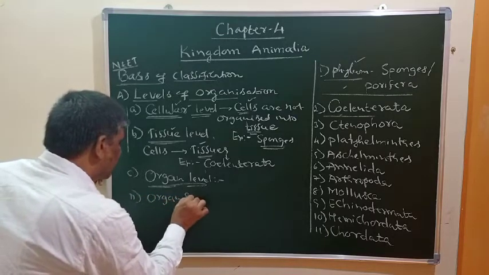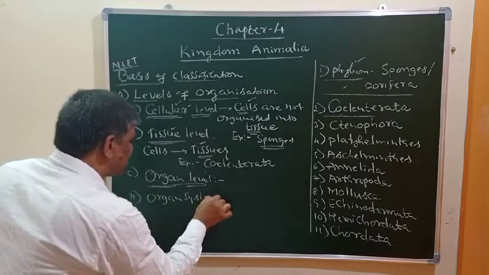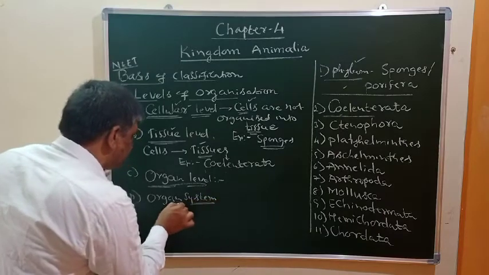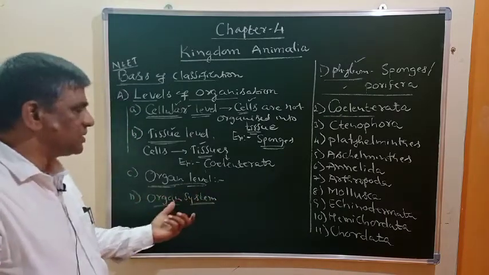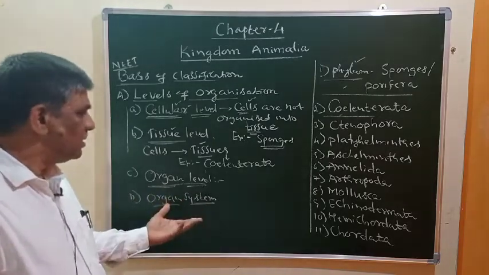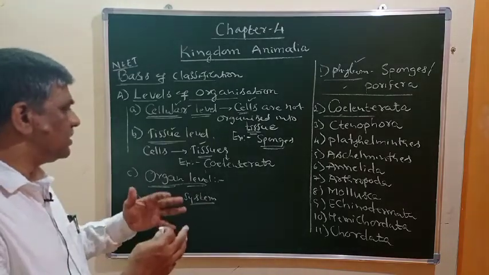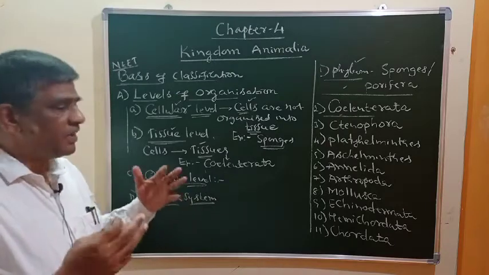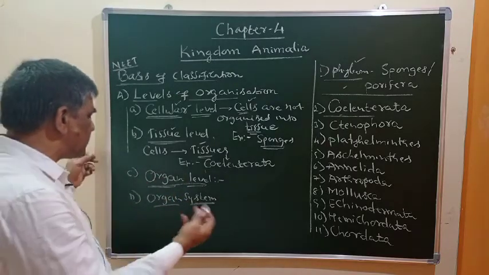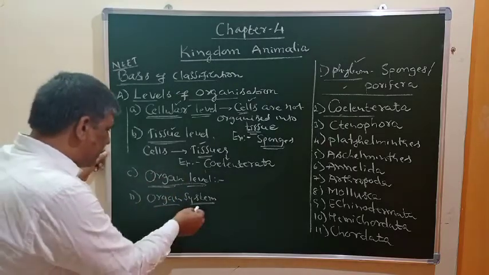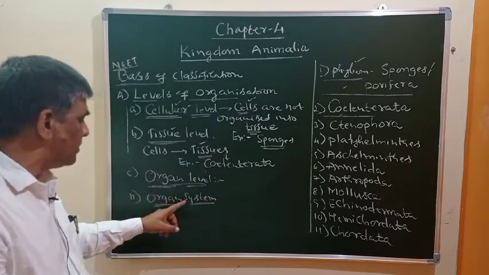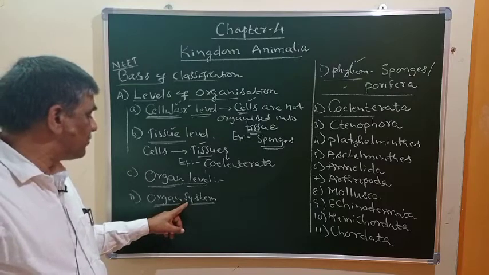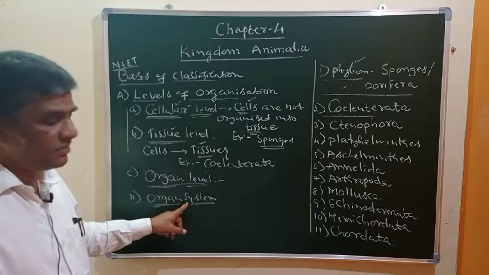What is the meaning of an organ system? You can understand the meaning of system here, and you can use this word everywhere. We can use the social system: in society we have different people, different natures, different cultures. That is what we call a social system. Similarly, in a living system we have different living organisms, so we can use the word system here.